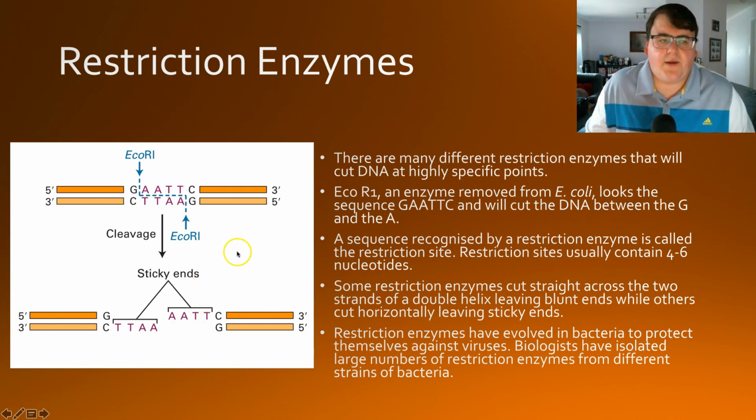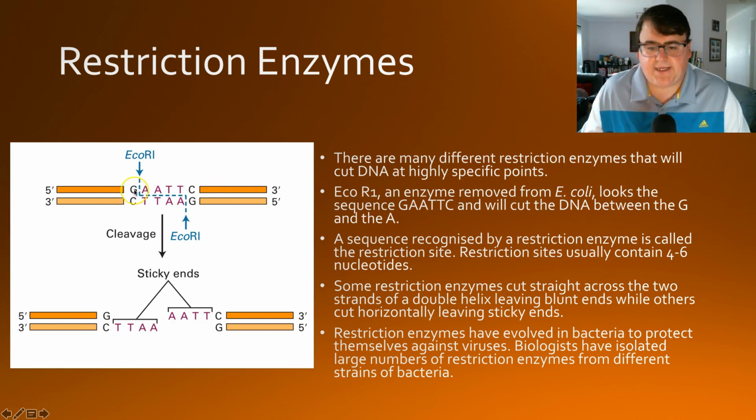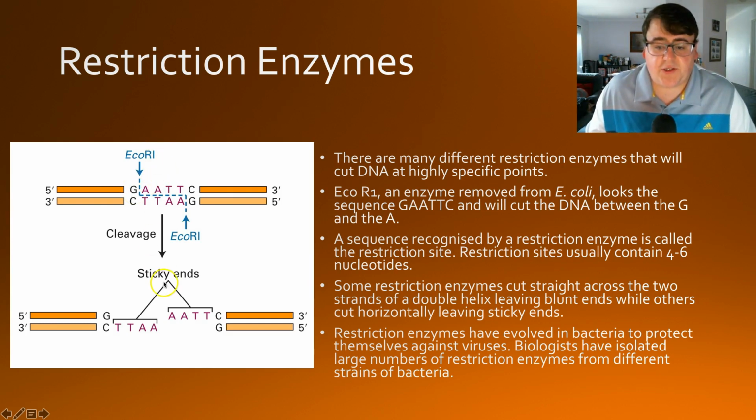A sequence that is recognized by a restriction enzyme is called the restriction site. So when we're looking for GAATTC, that is the restriction site, and it cuts between the G and the A. Generally, a restriction site is about 4 to 6 nucleotides. Like I said, some restriction enzymes will cut straight across the strands, leaving a blunt end, but others will cut in a staggered way, like we've just described, creating sticky ends.